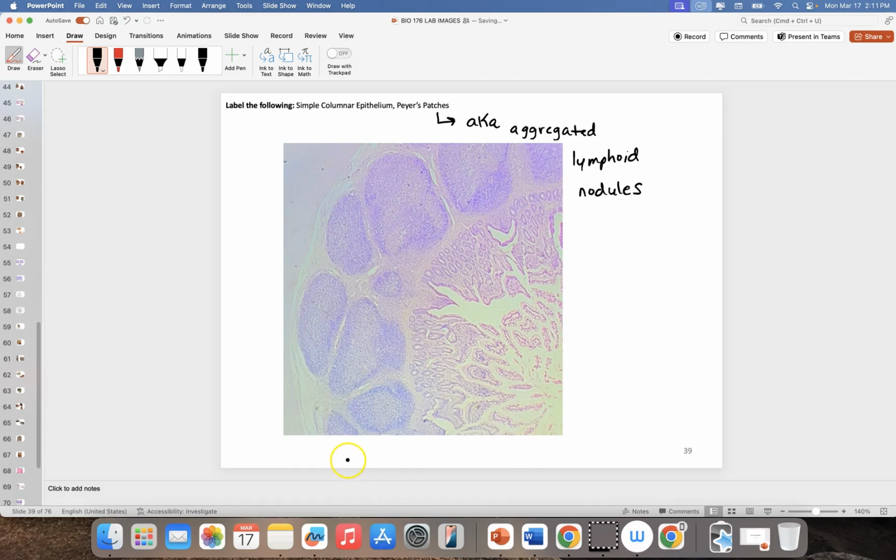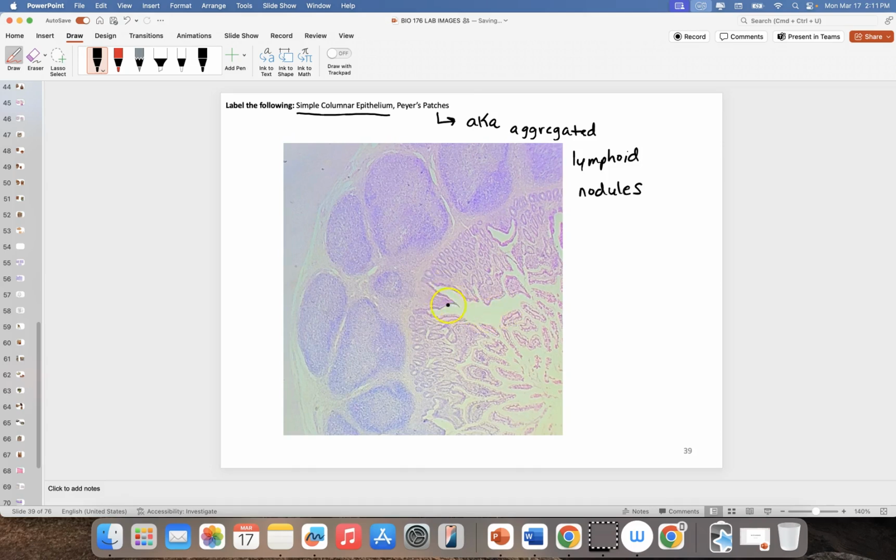If we think back to what that term mucosa means, that's going to be an epithelium with an underlying connective tissue. The epithelium that we're focusing on is simple columnar epithelium. Epithelium always faces a space. In this case, we have this internal space here of the small intestine.